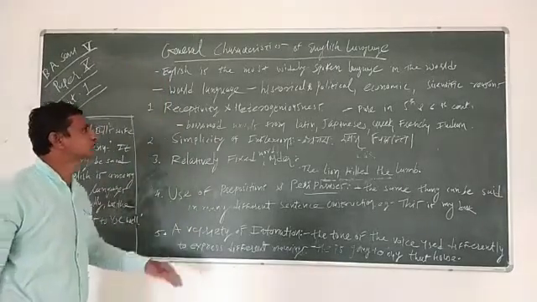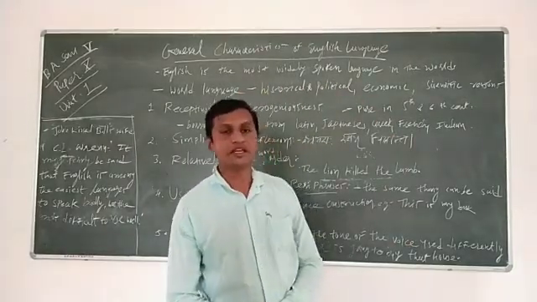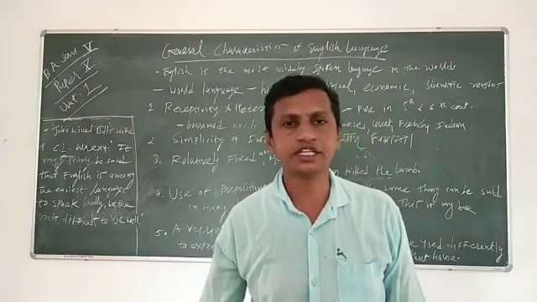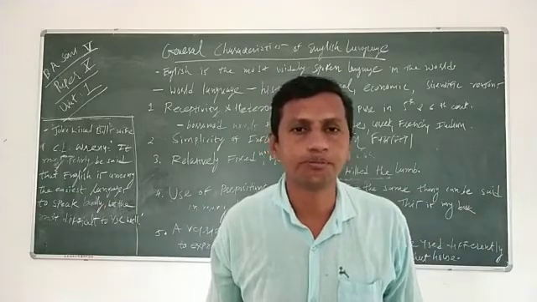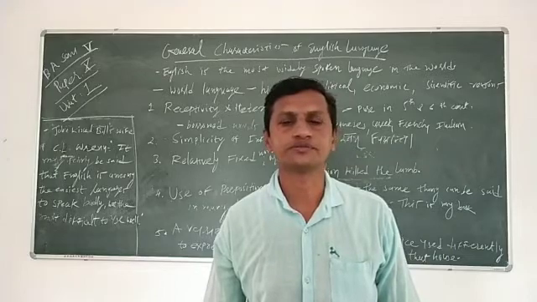English is the most widely spoken language in the world. English is an international language, and it is spoken by the majority of the people, a major part of the population of the world.